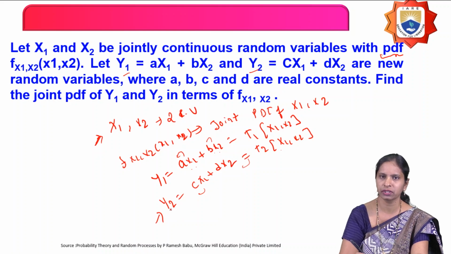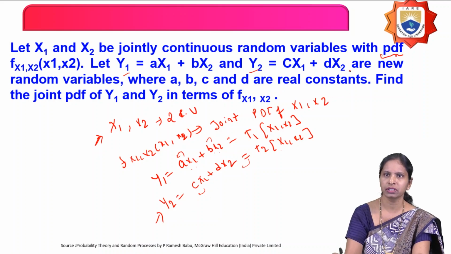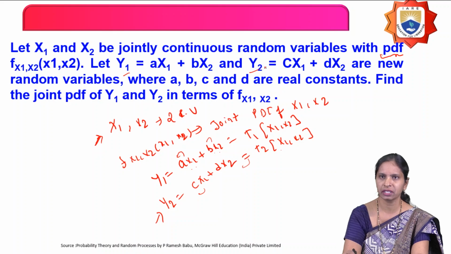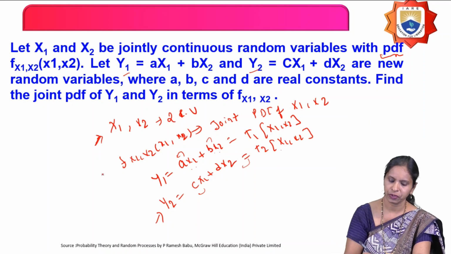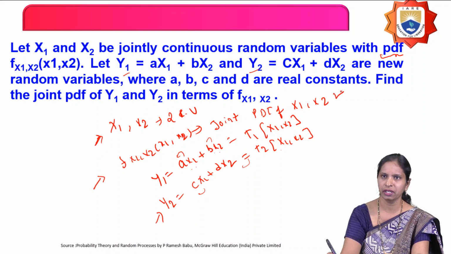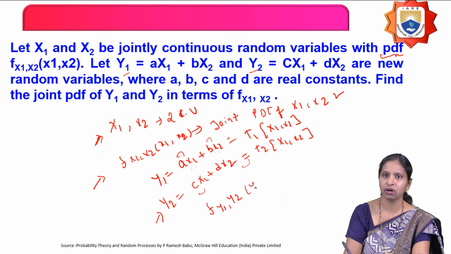So these are the new random variables where a, b, c, d are constants. Now what is the question? Find the joint PDF of y1 and y2 in terms of x1 and x2. They have given the joint density function of x1 and x2, and now we have to find the joint density function of the transformed random variables y1 and y2.